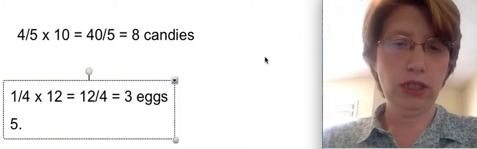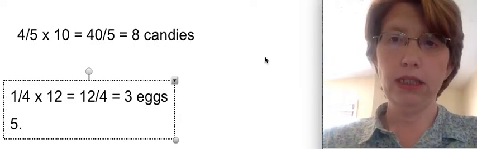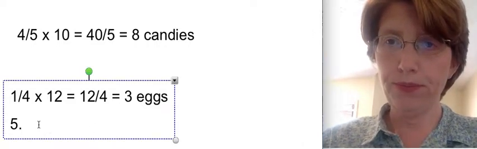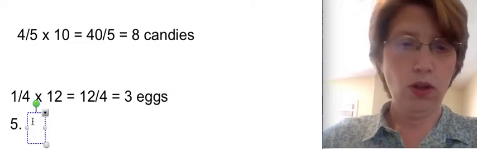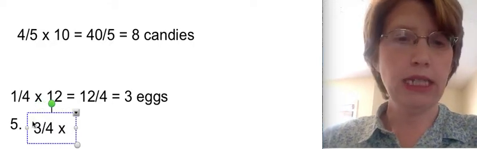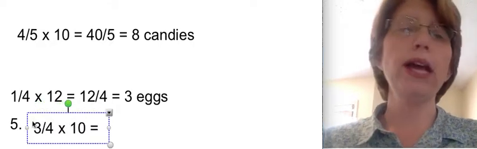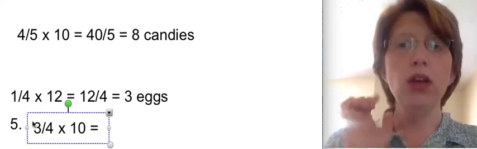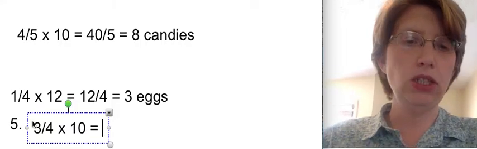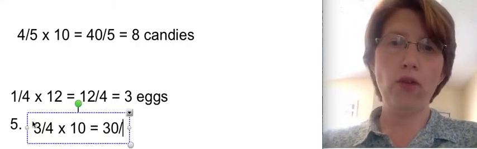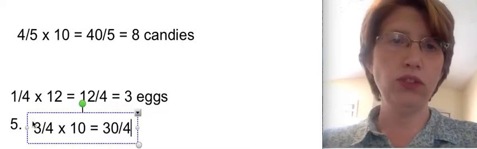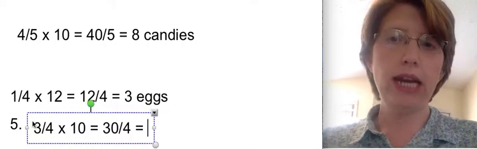5. 3/4 times 10. Numerator times whole number, which would be 3 times 10 is 30. Slide over that denominator, which stays 4. 30 divided by 4.